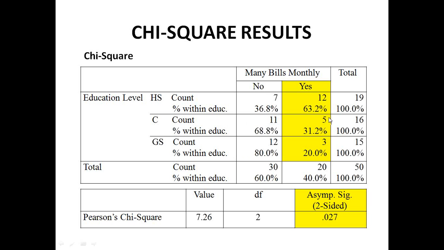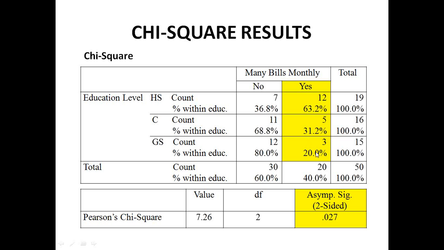When we go to the college level, what percentage have many bills monthly? 31.2%, which is 5 people. So it's 16 people. 5 of them have many bills monthly, 11 don't, so it's 31.2%. At the graduate school level, we see that only 20%, or it's 15 people, 3 have many bills monthly and 12 do not.